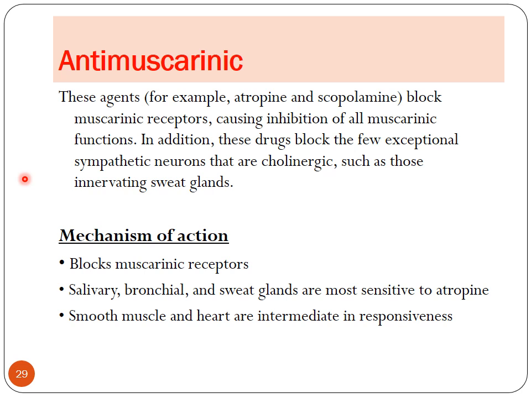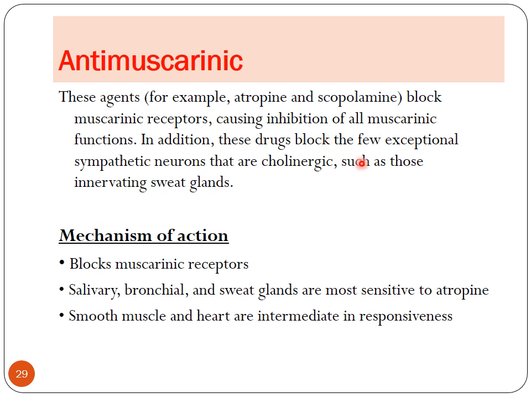In the heart, it will increase the rate. In the respiratory system, it will induce bronchodilation and decrease secretion. In the GIT, it will decrease peristalsis. And in addition to all of these, it is going to decrease the sweating. So the anti-muscarinic, for example, atropine, blocks the muscarinic receptor, causing inhibition of all muscarinic function.